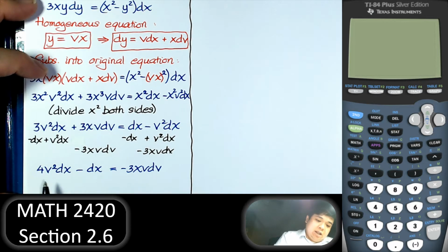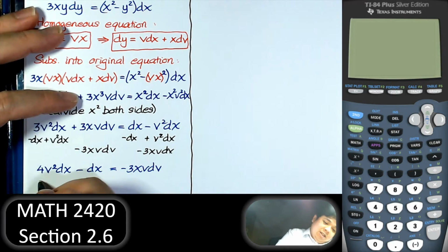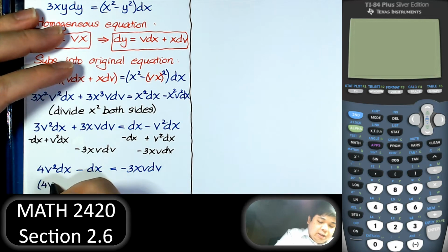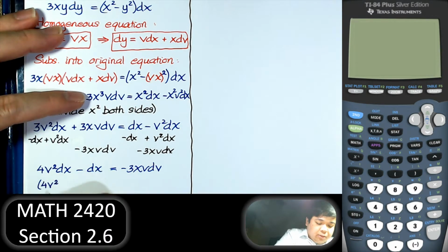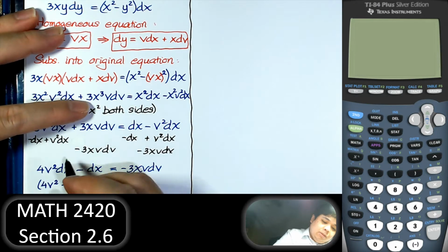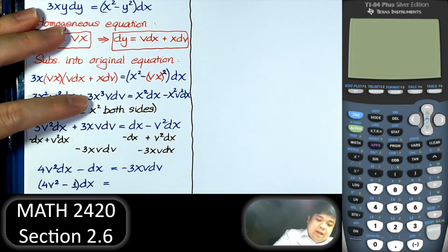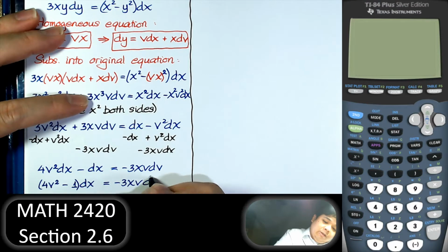Now next, factor out the dx, of course. We have 4v squared minus 1 dx, and then we have negative 3x v dv.